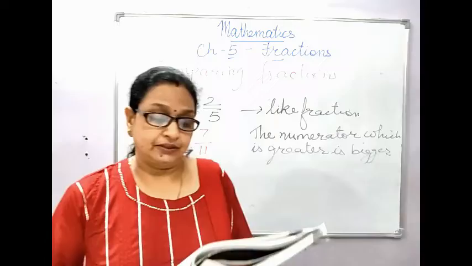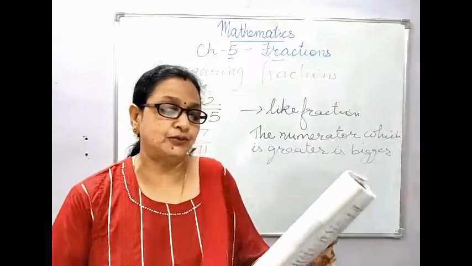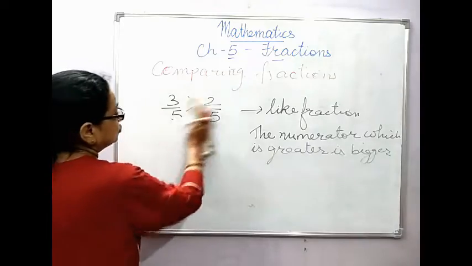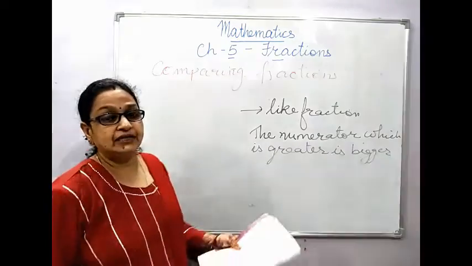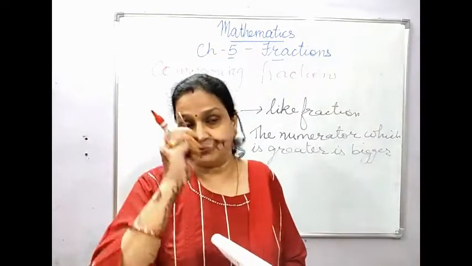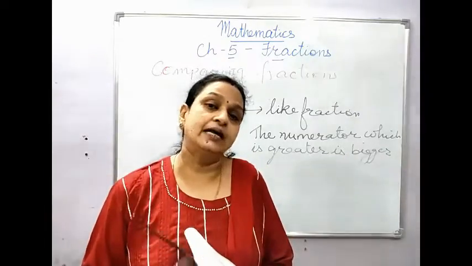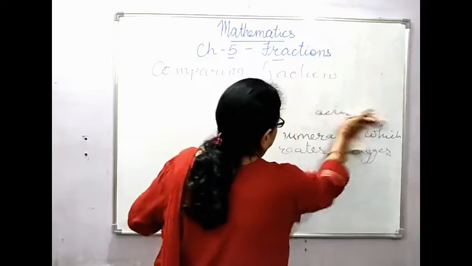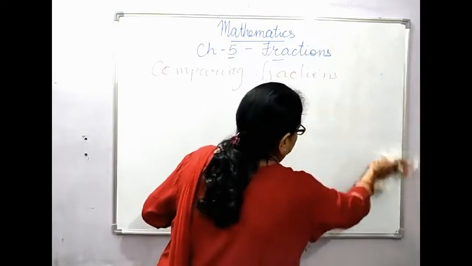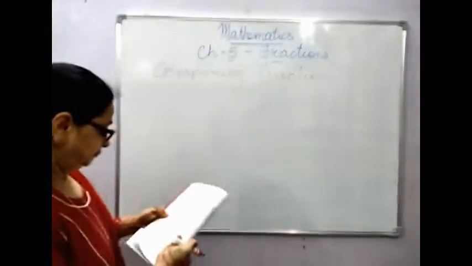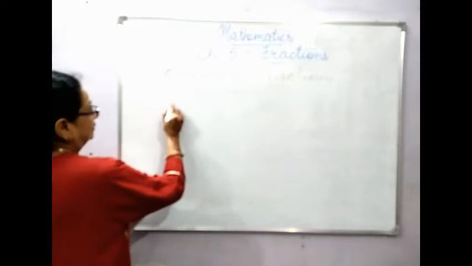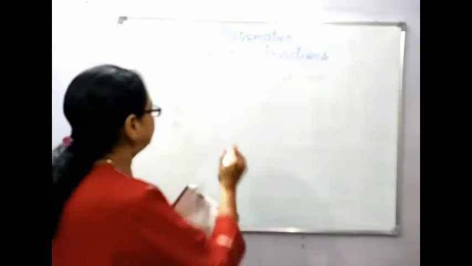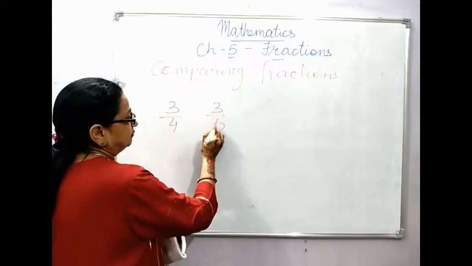Unlike fractions. Now unlike fractions with the same numerator. You all know what unlike fractions are. Unlike fractions are those fractions in which the denominators are not same. So I'll take the example from the book only, 3 upon 5.